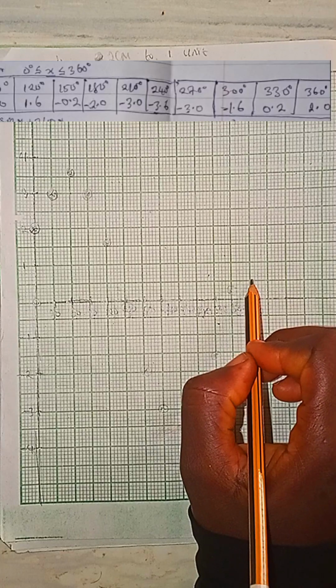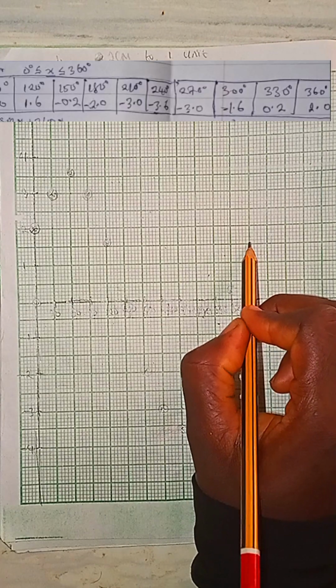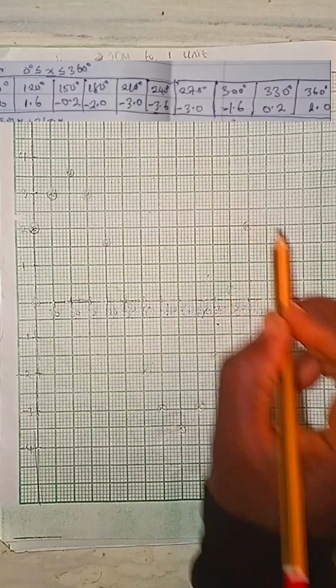Here is 0.5, 1, 1.5, 2. Here, this is the point.